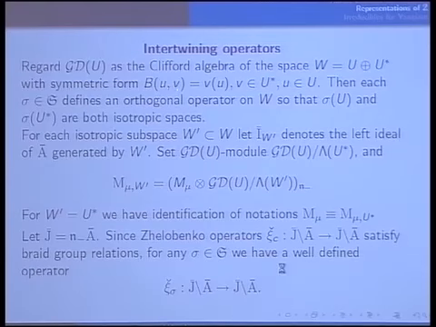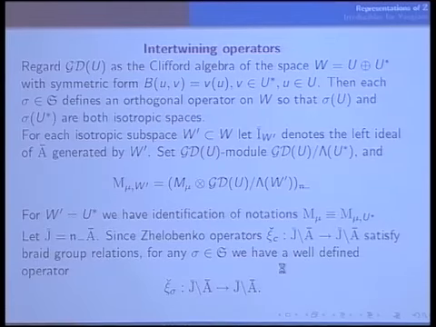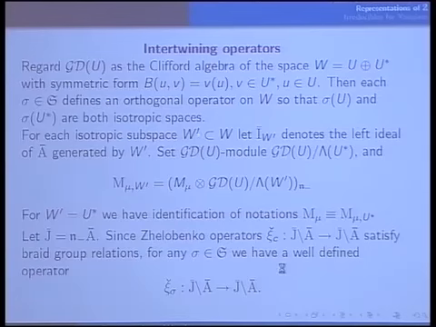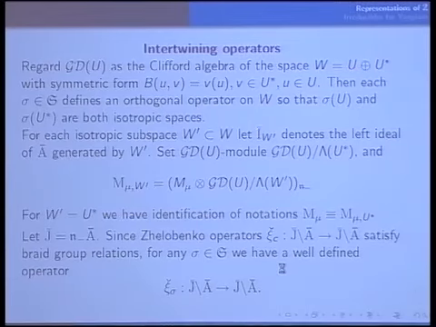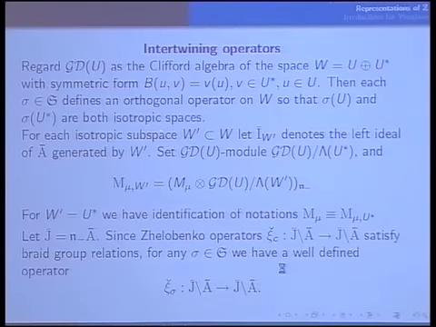Namely, to deal with the duality with respect to the symplectic algebra, we need some isotropic subspace inside this U plus U dual, which generates some ideals in the algebra of Grassmann differential operators.